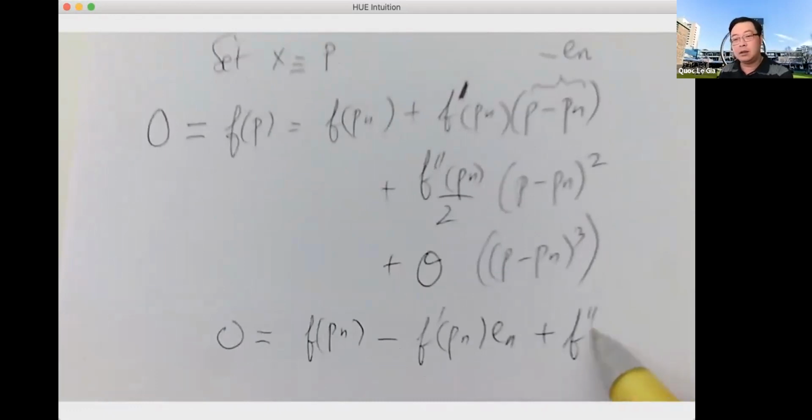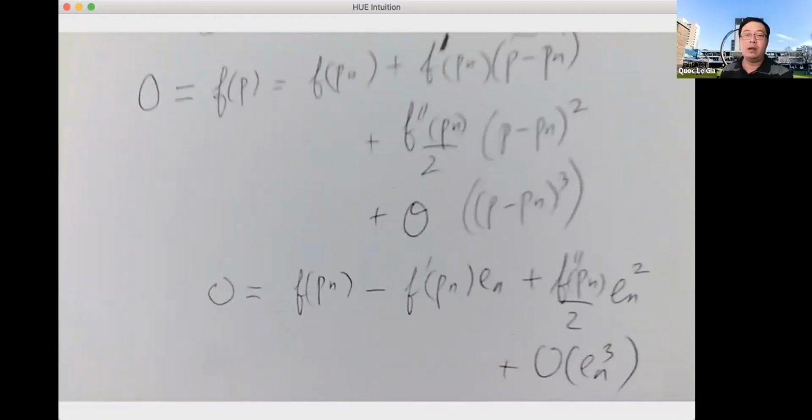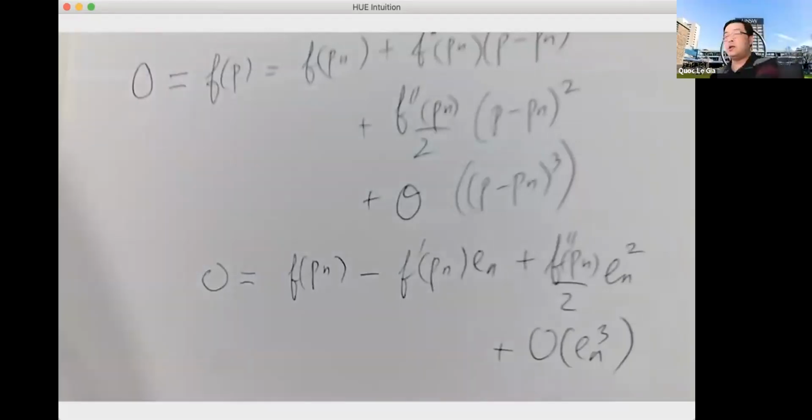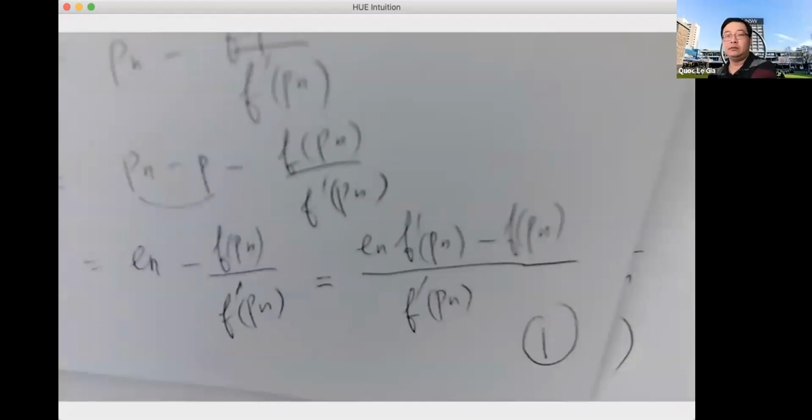So I just put a big O here. And if you remember what we wrote before, I show you equation 1.